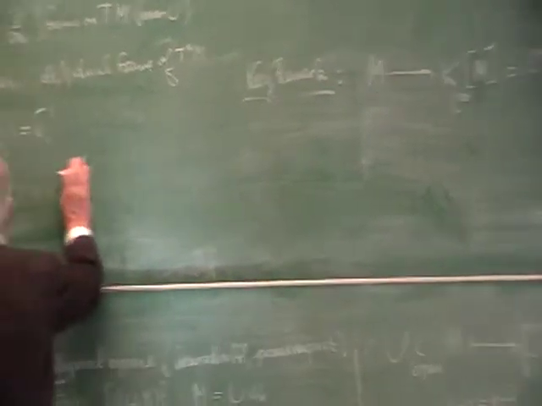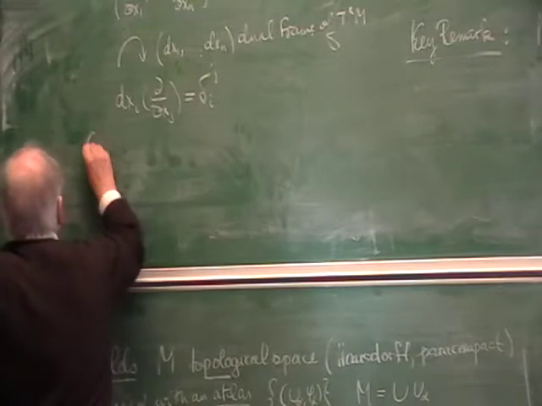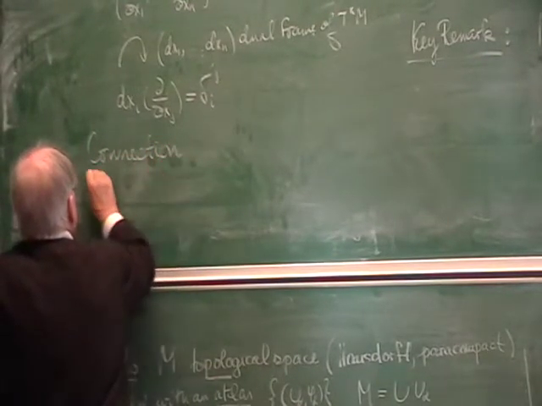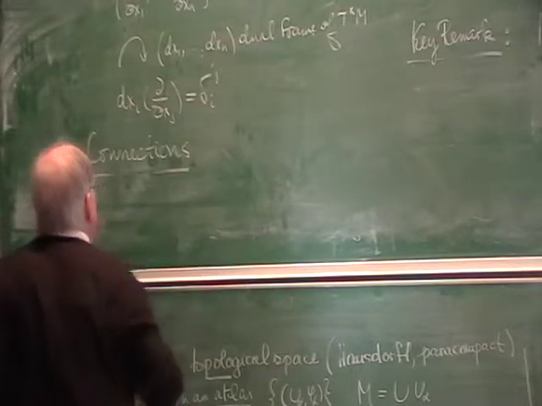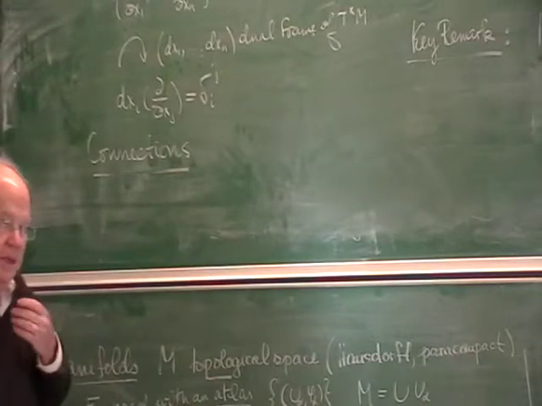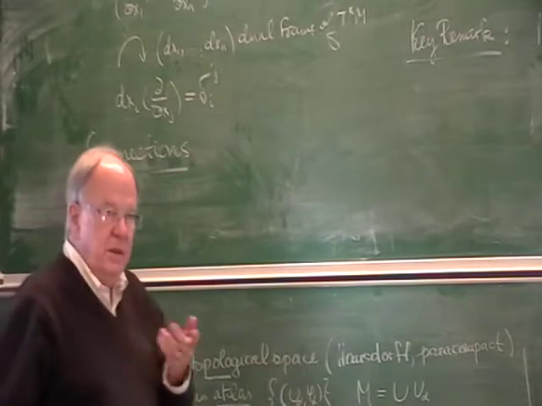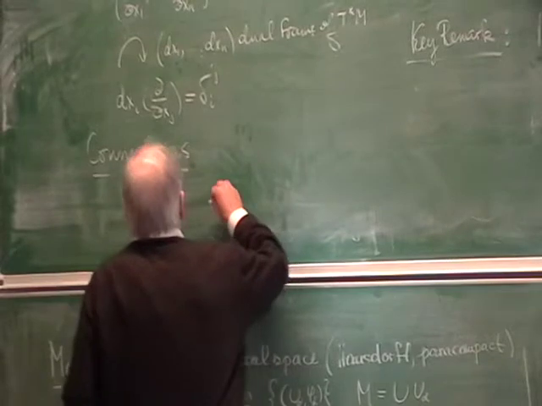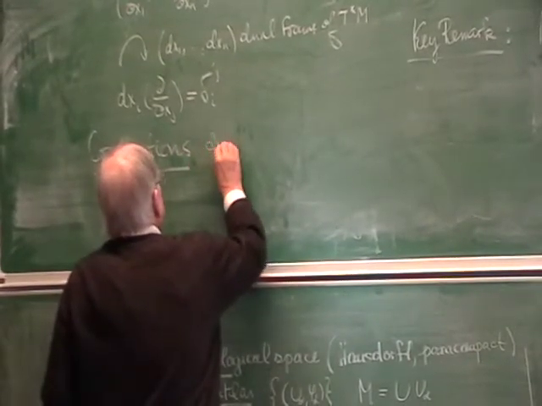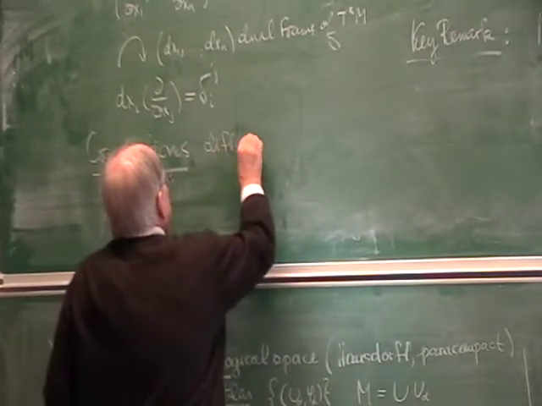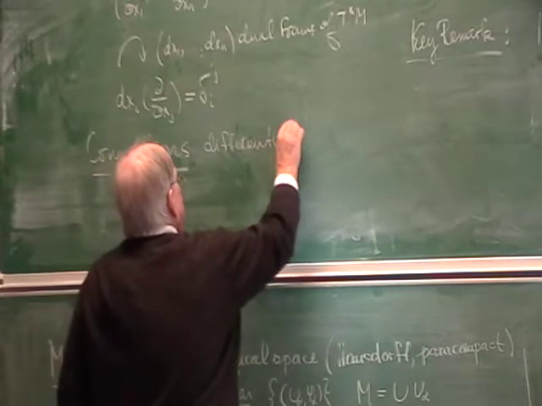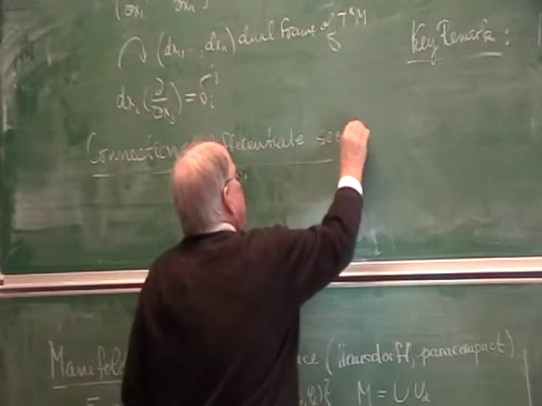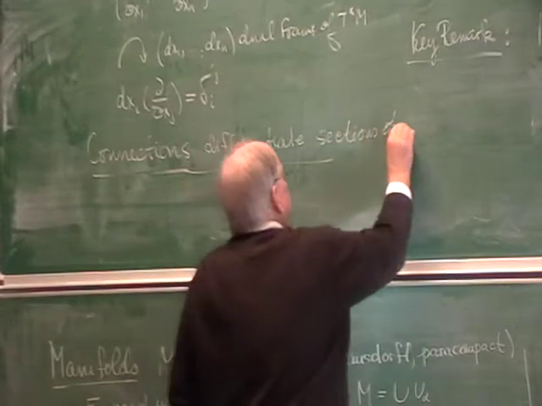So one of the key things that we do with these guys is we differentiate sections of the vector bundle. I have not explicitly said what a section of a vector bundle is. So, connections differentiate sections of vector bundle.